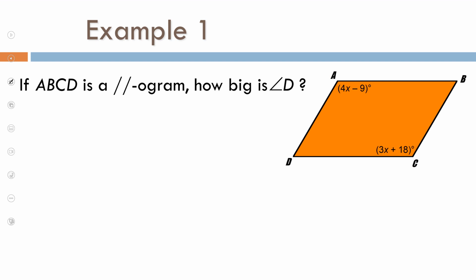Lucy, what's X? Leah? Michael? 27. That's what I got. Okay, we're gonna go with it. I got a confirmation. How'd you get that? Well, opposites are equal to each other.